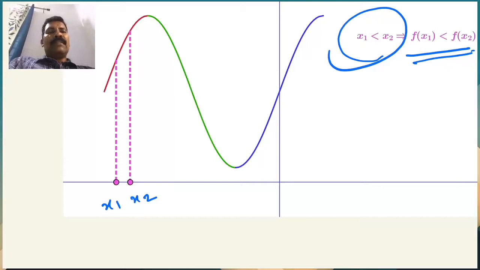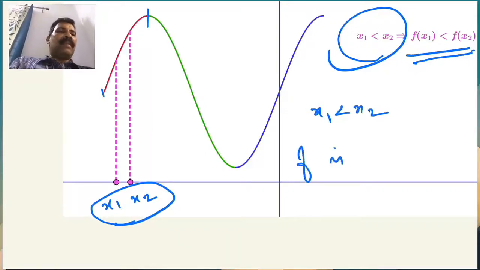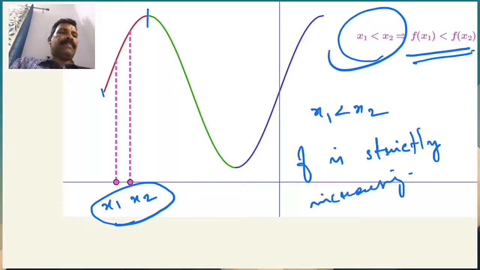You can see that for this red branch of the graph, that is from here to here, whenever x1, x2 are such that x1 is less than x2, f of x1 is strictly less than f of x2. If it happens, we can say the given function is a strictly increasing function.